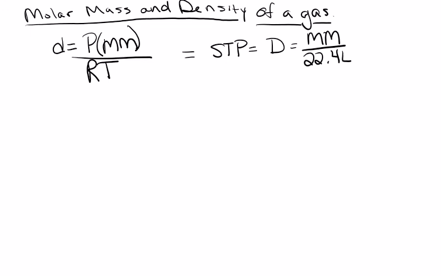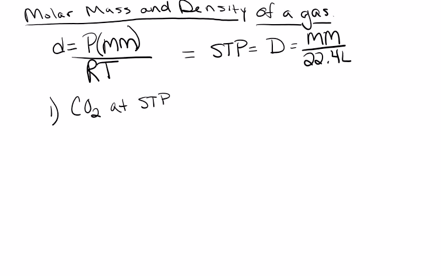Such is the case with that same worksheet we were just talking about, the gas density and molar mass worksheet. Question number one says, what is the density of carbon dioxide at standard temperature and pressure?